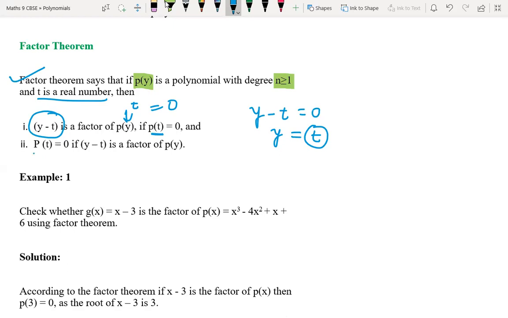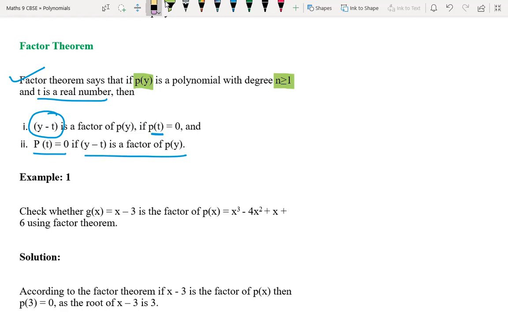Now see, p(t) is equal to 0 if y minus t is a factor of p(y). The same thing they have written here. Understood or not? Understood, sir. Understood now, Sai Charan? It's clear to you now? If it's not clear, I'll tell you once again, not a problem. You tell me if you're not getting.